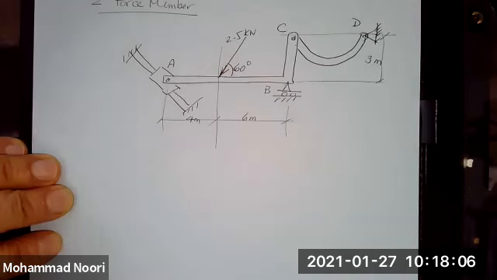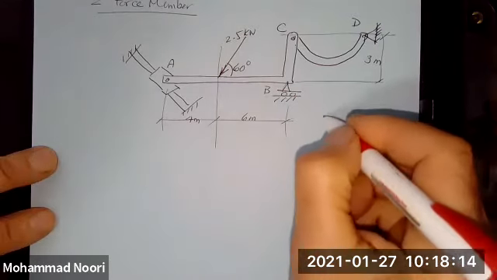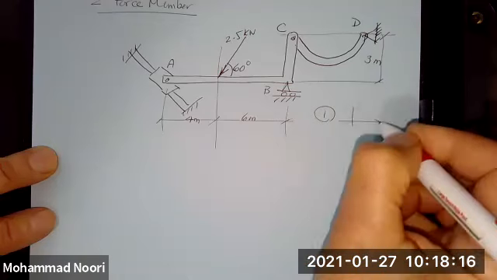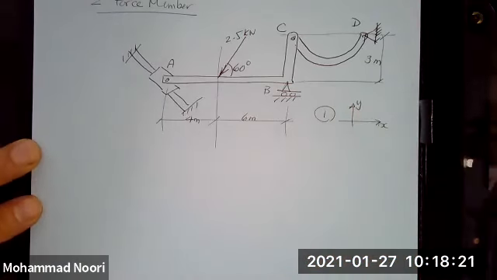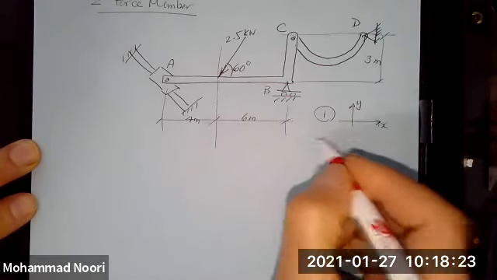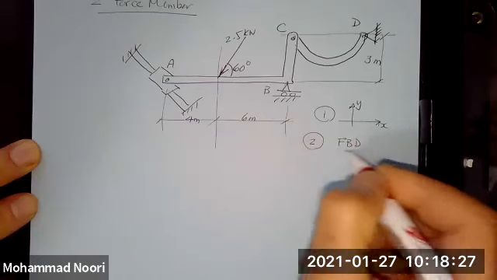So this is a typical problem we've seen so far, but look at this. We said the step one is what? You set up step one, you set up X, Y coordinates. And step two is you draw the free body diagram.